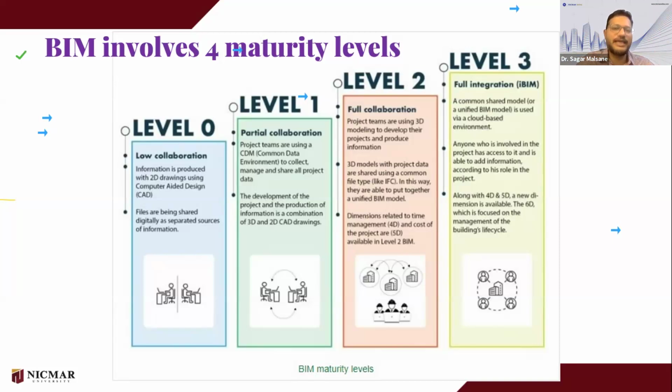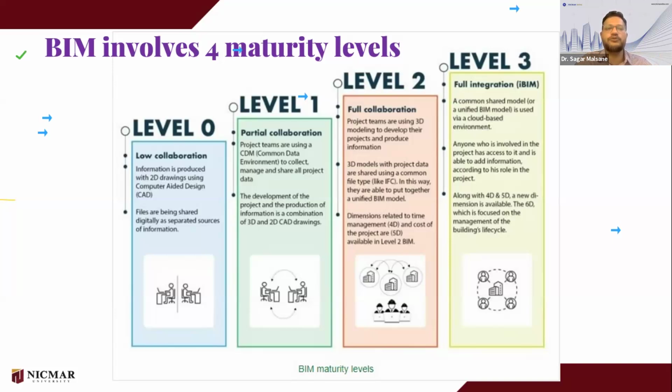The BIM maturity concept is applicable to project level, and you may correlate the same concept to organization level, that as an organization what kind of maturity or capability you have, or at a project level what kind of BIM maturity you are trying to achieve when you are implementing BIM.